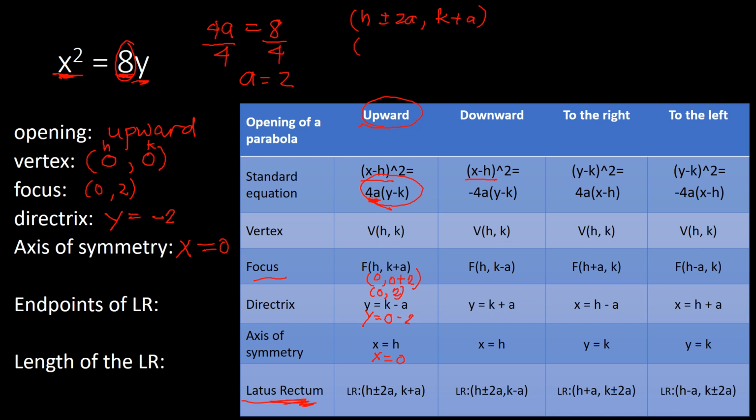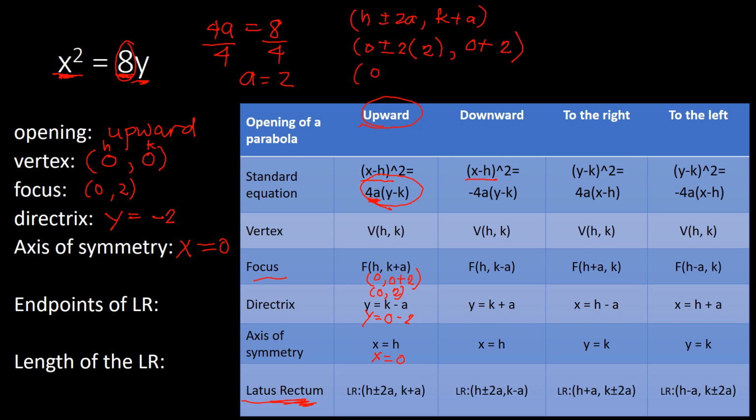So simply plugging in the values, we have h is 0, and then plus or minus 2 times a, and we have a here, which is 2. And then comma, and our k there is 0, and then plus our a there, which is 2.